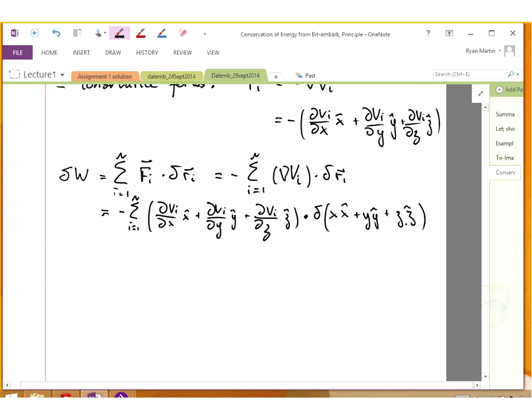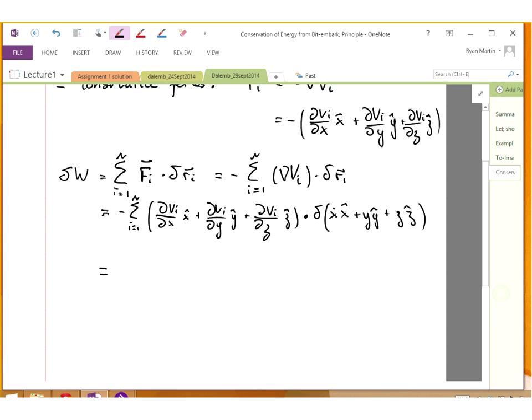So if we take the variation, consider a delta x hat. X hat doesn't change, and so that's equal to delta x. If you take the scalar product, you have di Vi by di x hat dotted with x hat, so the x hat dot product equals 1, and you're left with delta x.